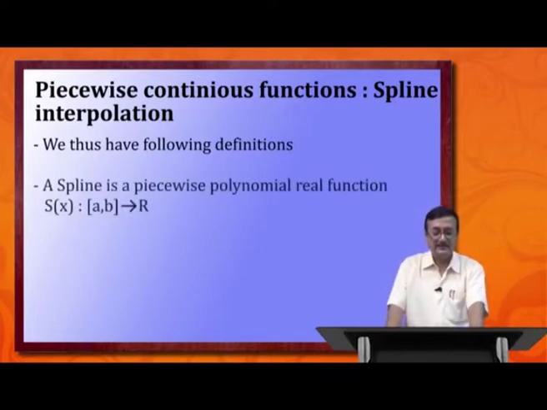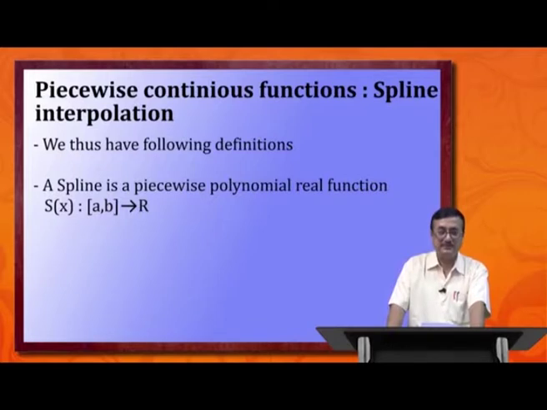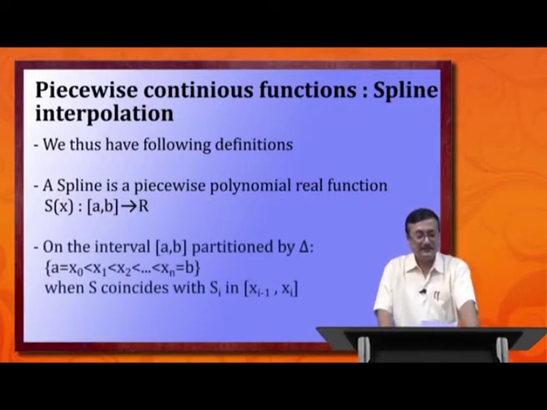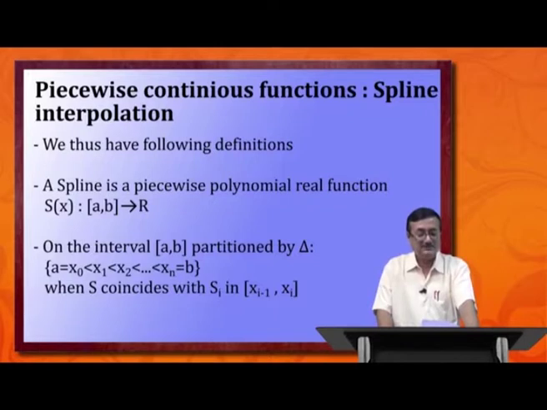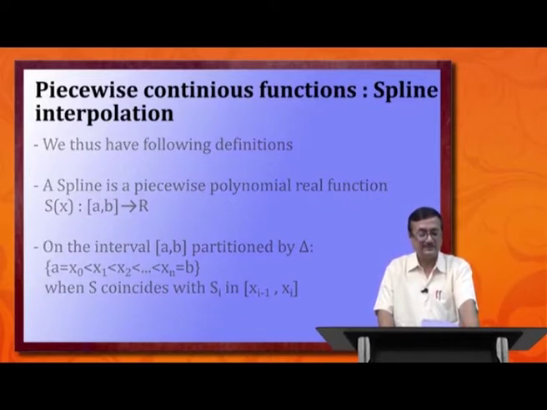We define a spline as a piecewise polynomial real function S(x) over [a, b] to the real field R, on the interval [a, b] partitioned by delta, by the intermediate points x0, x1 up to xn with the endpoints x0 and xn, when S coincides with S_i in the subinterval x_{i-1} to x_i.